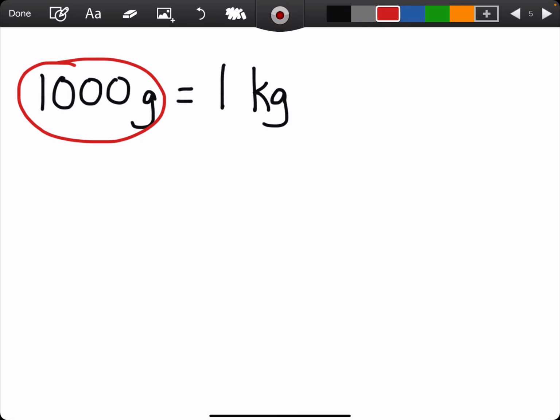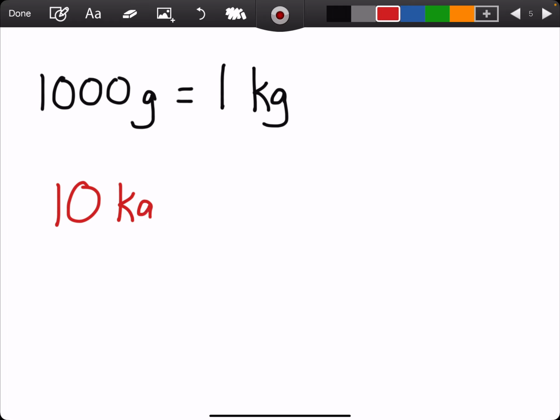So, if I'm saying I have 10 kilograms and 100 grams, that's equal to how many grams?